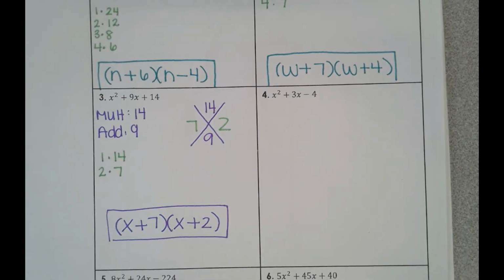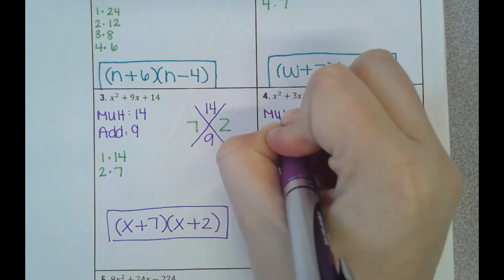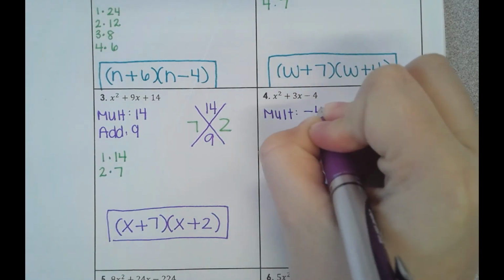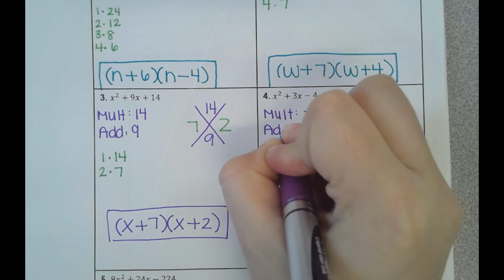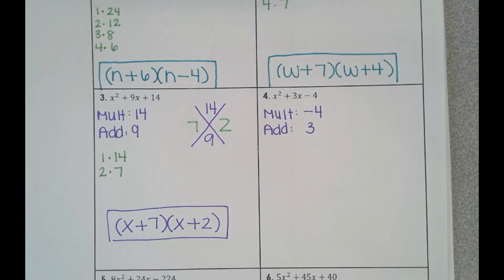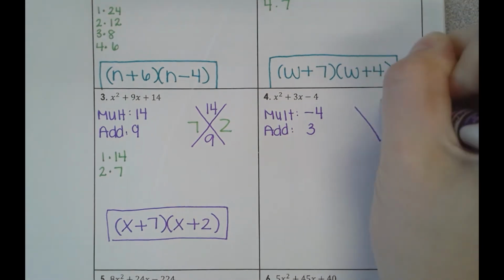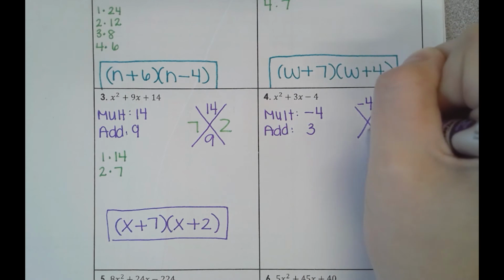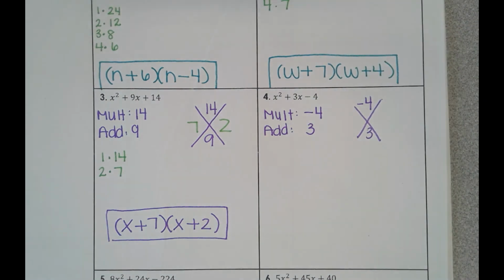We need two numbers that multiply to be -4, but add to be 3.